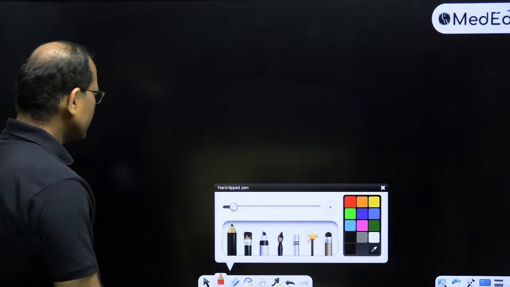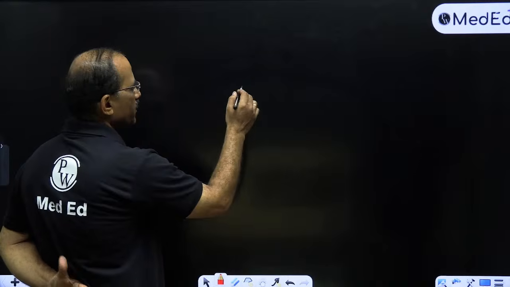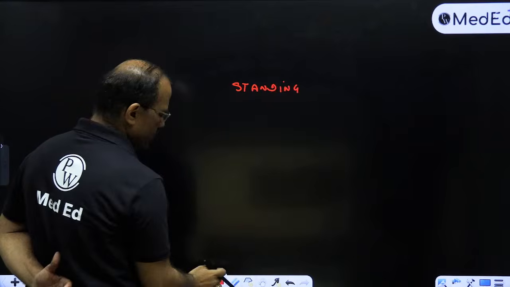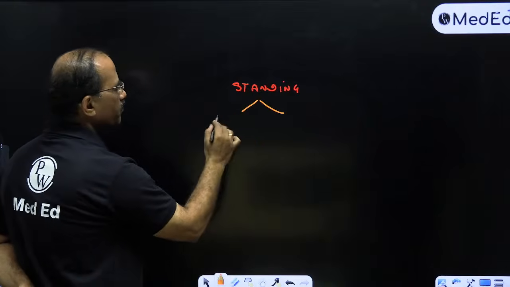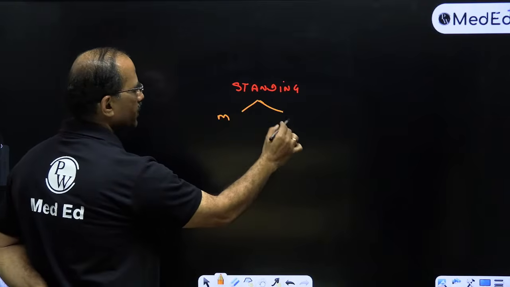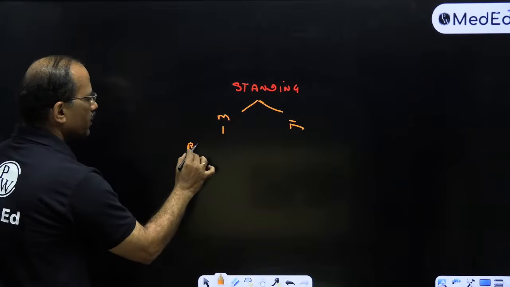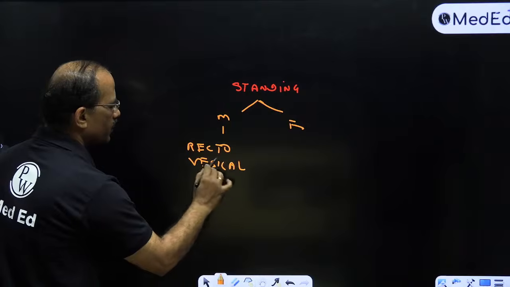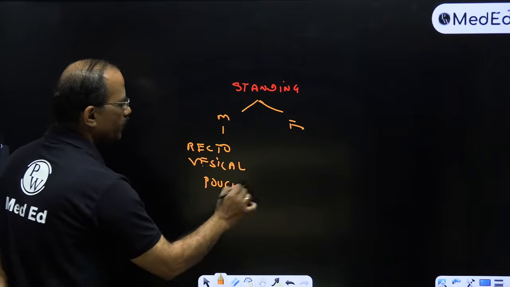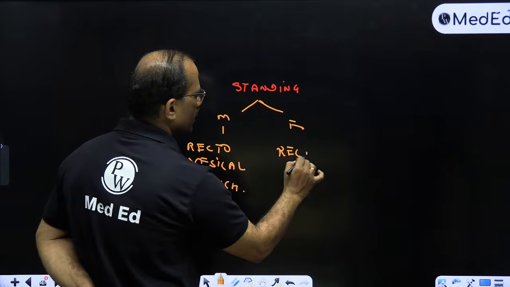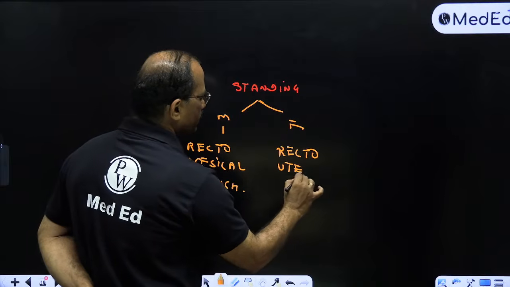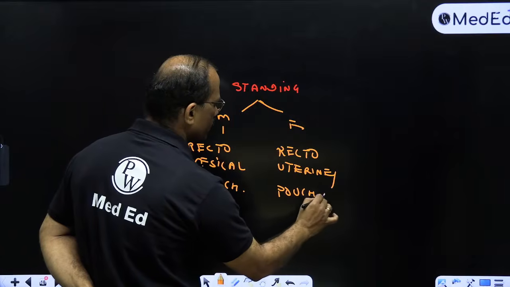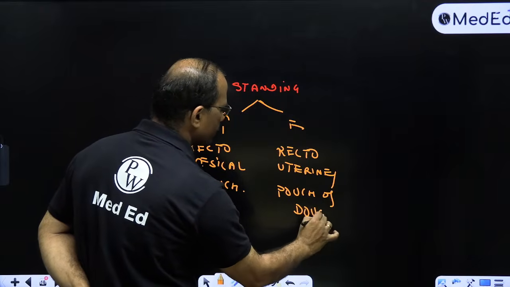एक मिनट, I'll just write this down. मैं लिखता हूँ. So in standing position, the most dependent part of the body in males and females, males में होगा rectovesical pouch. In females में होगा rectouterine, this is pouch of Douglas.